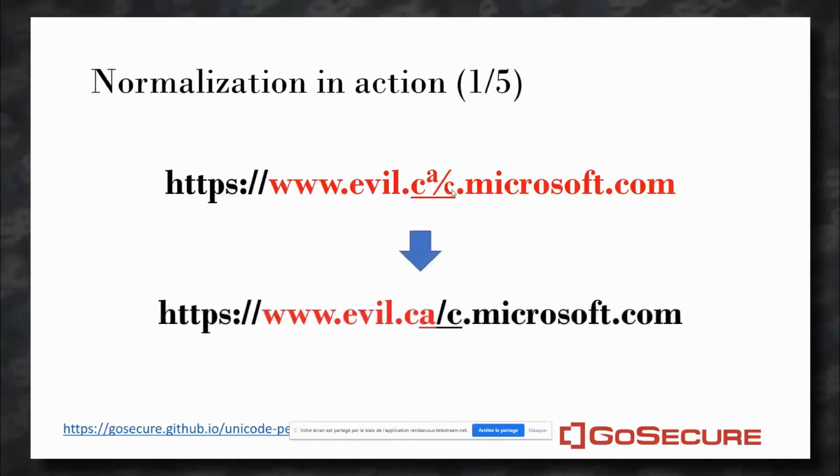But because in the location header browsers used to normalize this character to A/C, all in ASCII, browsers were doing this probably to help developers have valid URLs. So they were doing a normalization pass.